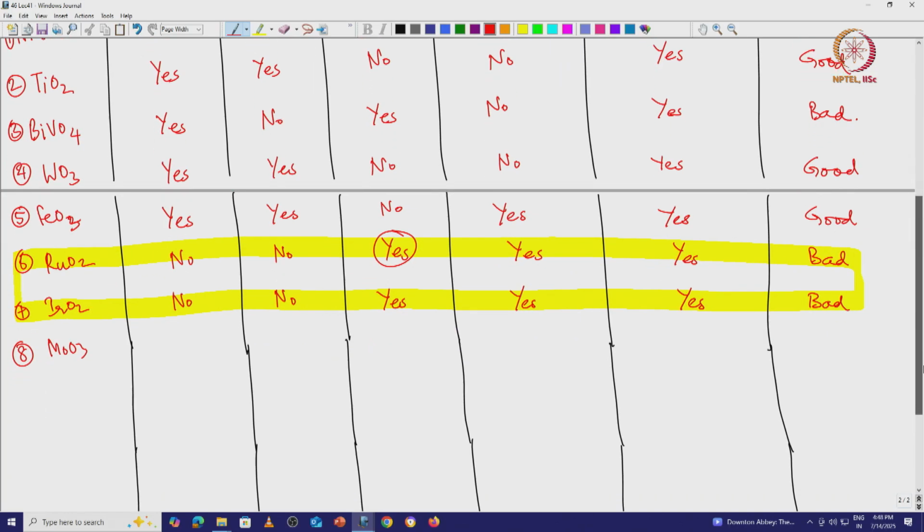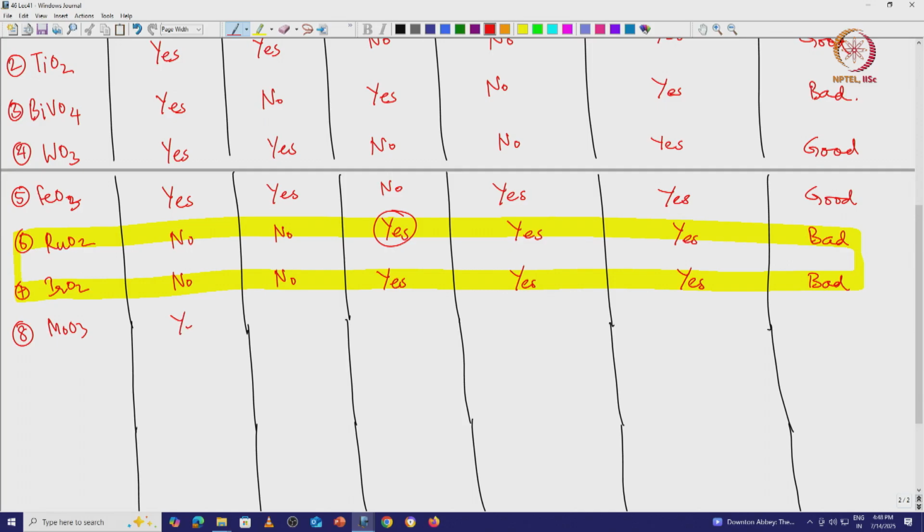So, for this particular material, MoO3, molybdenum trioxide, it has a band gap and it is an N type, right, but it is also cheap, but it is not having a low over potential. So, that is also bad. And then there is something called chromium oxide, CrO2. So, here you have no, no, yes, no, no and it is a bad photocatalyst.